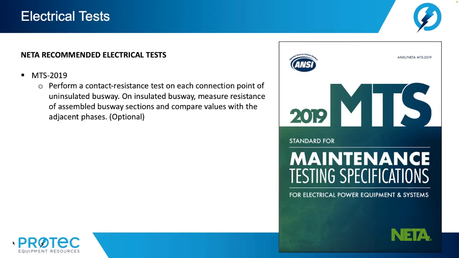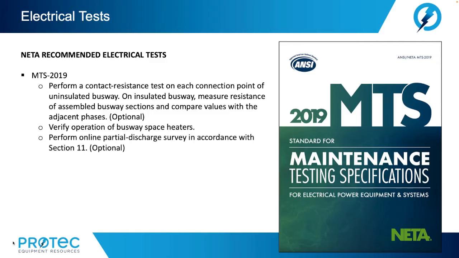As we saw in the acceptance testing standards, we saw this as a required test. Verify operation of busway space heaters. Perform online partial discharge survey in accordance with Section 11 of the MTS document. And once again, this is an optional call-out.